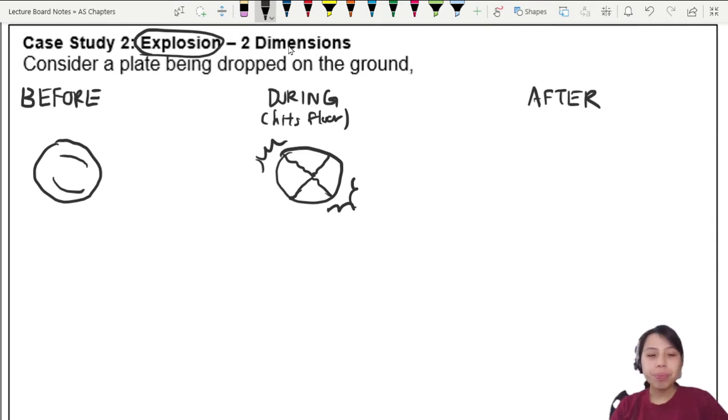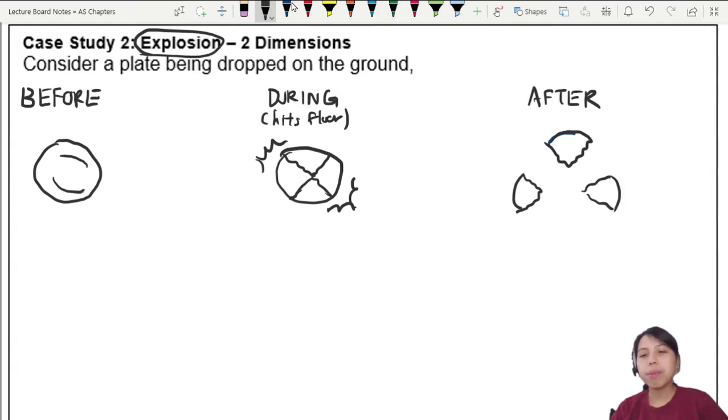Then, after that, let's say the 4 pieces move in 4 different directions. The first piece moves up. The second piece moves to the left. Actually, I'll give them numbers.